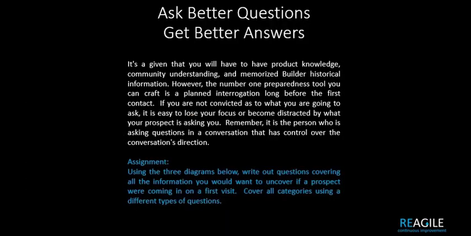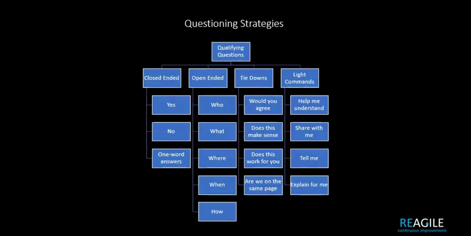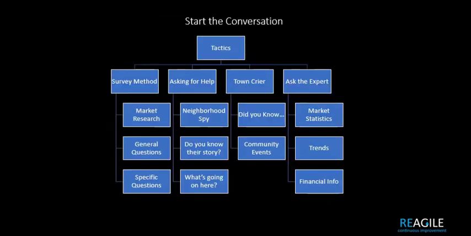The biggest benefit to the tables with the categories of questions and the types of questions and even the tactics or the point of entry into a conversation are just guidelines. It's absolutely essential that you take some time and craft out your own questions in advance. Never be surprised about what somebody's going to ask or say.